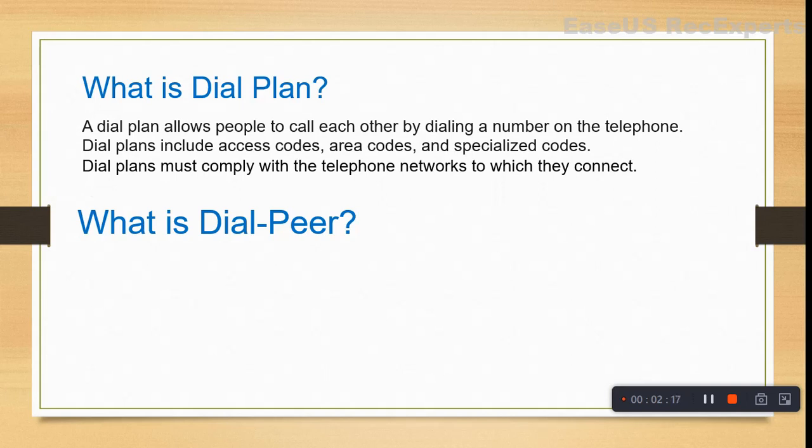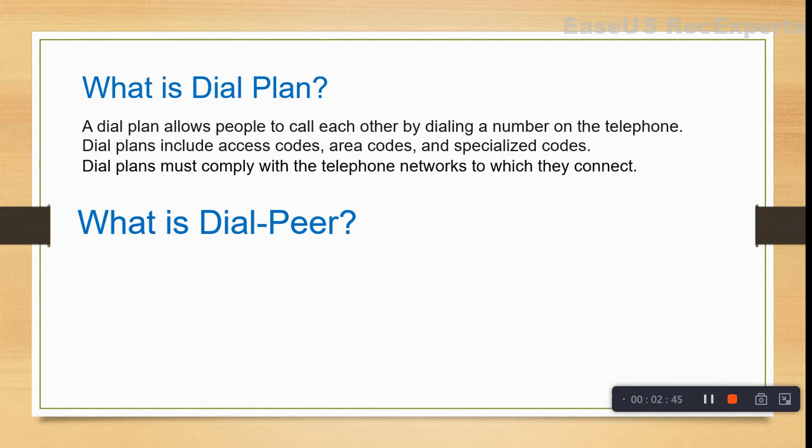If you want to dial locally to someone in the same state, you have to dial the 5-digit number. But if you want to dial someone interstate, you have to dial the state code, which can be 2-digit or 3-digit, and then the 5-digit or 6-digit number. So that's the numbering plan, or the dial plan, and it varies from country to country.